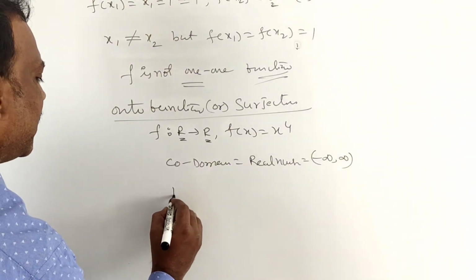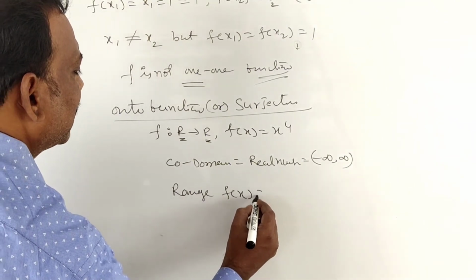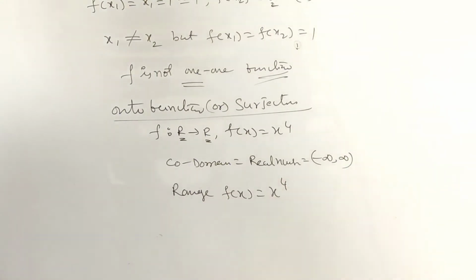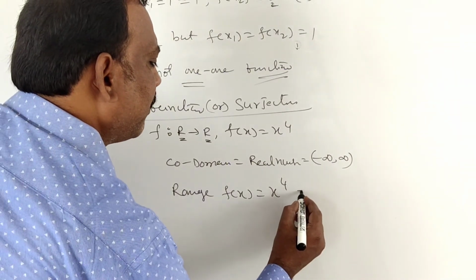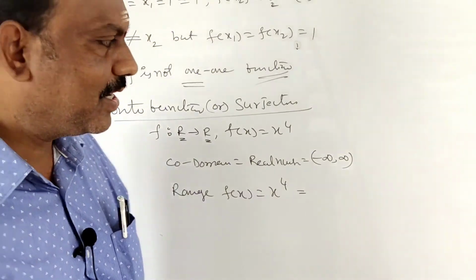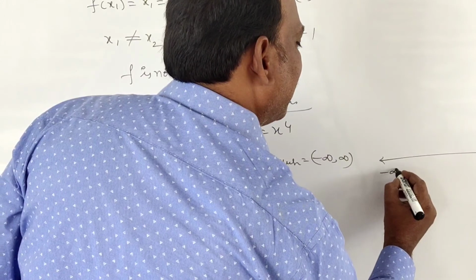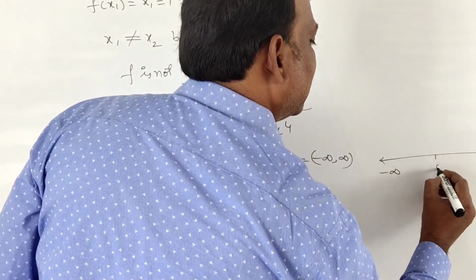Now, what is the range here? Range is always f of x. What is the f of x value? x to the power of 4. What does it mean? If you substitute any input here, you won't get negative values. Correct, students? See here, this is a number line. I am taking minus infinity to plus infinity, in the middle there is a 0.